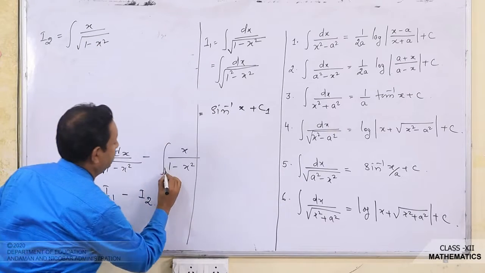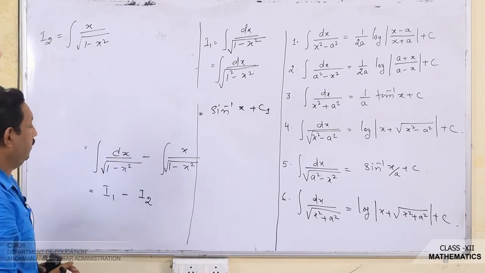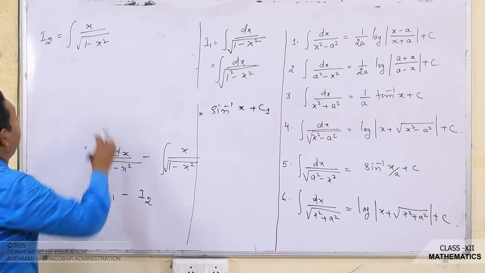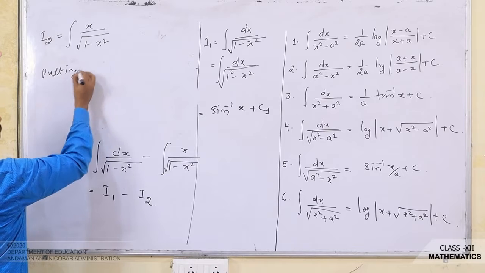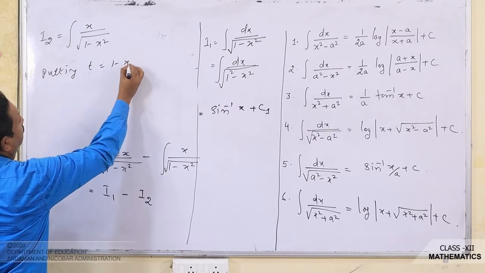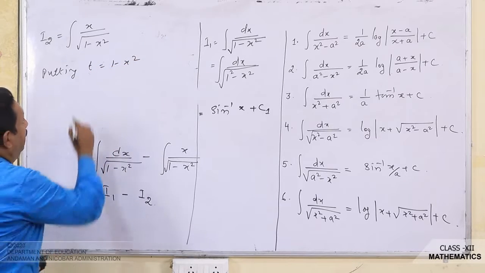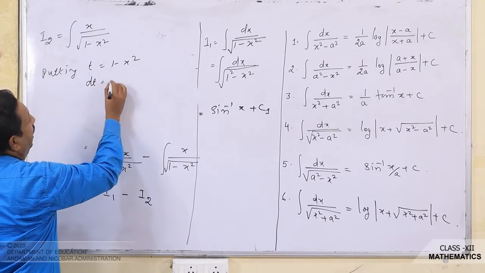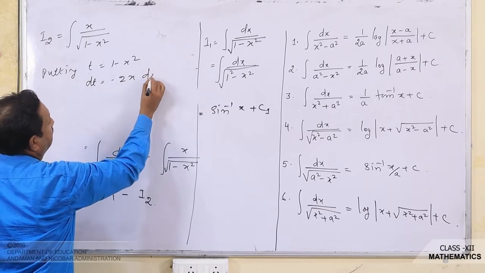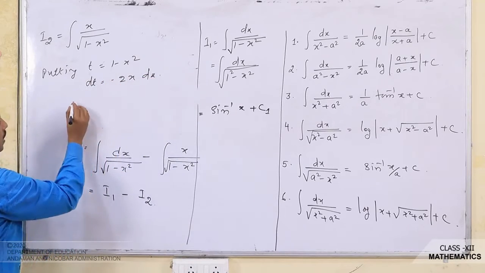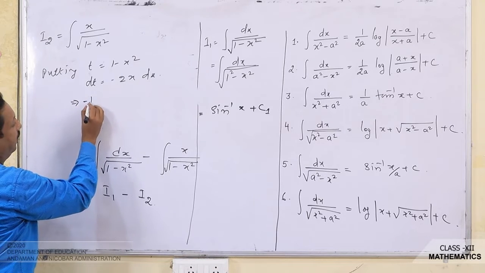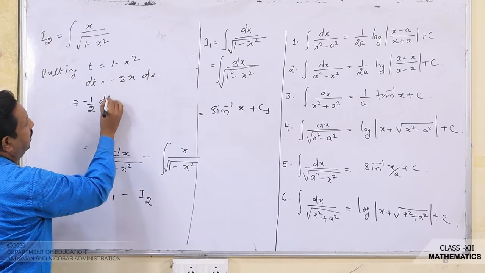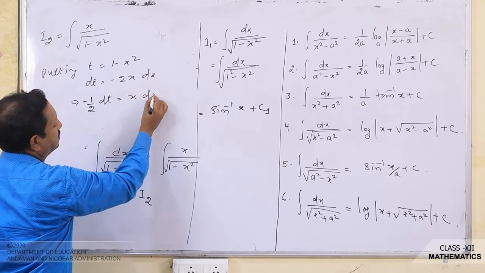Here I also left this root sign. Now, I can put t equal to 1 minus x square, and that dt will give us minus 2x dx, and from here I can shift this minus 2 to the left side, that will give us minus 1 upon 2 dt is equal to x dx.